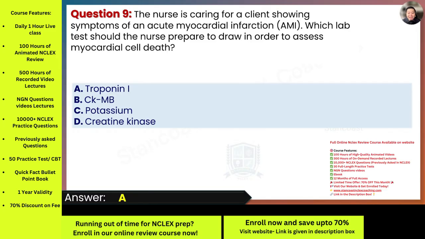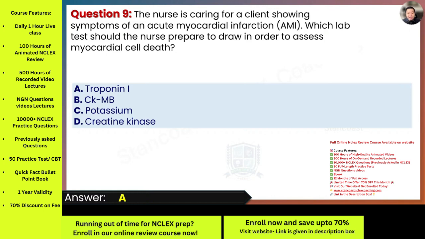Troponin I is released into the bloodstream when the heart muscle is damaged, and it can be detected 7 to 14 hours after the onset of chest pain. And this makes it an early and reliable marker for diagnosing an acute myocardial infarction, particularly in the first few hours following the event.